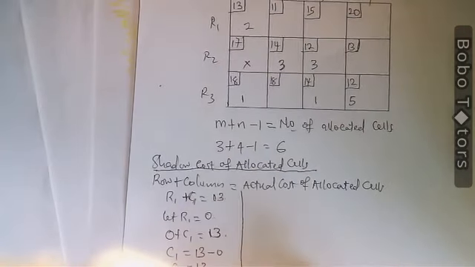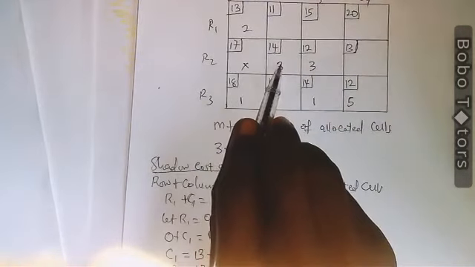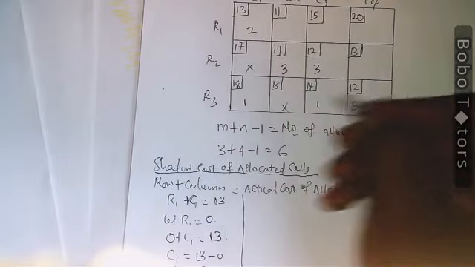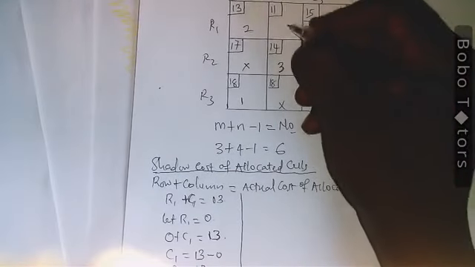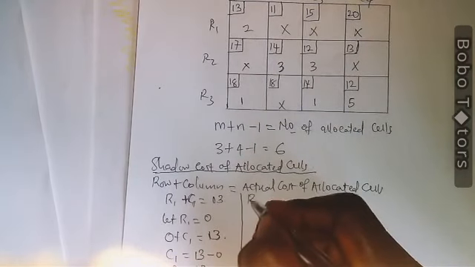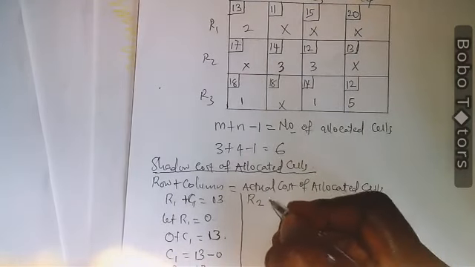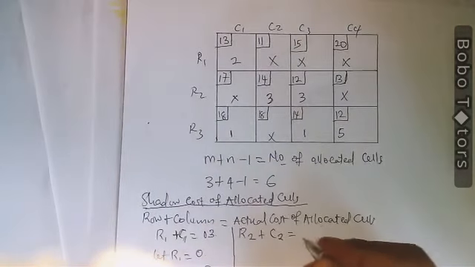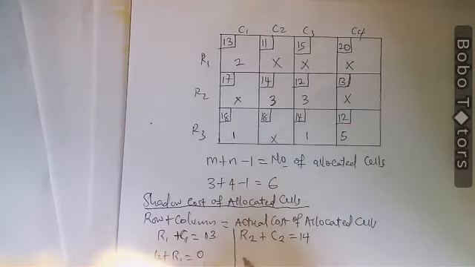The same thing applies to this. Remember, we are using allocated cells. Row 2 plus column 2 will be equals to 14. So row 2, I don't know my row 2.